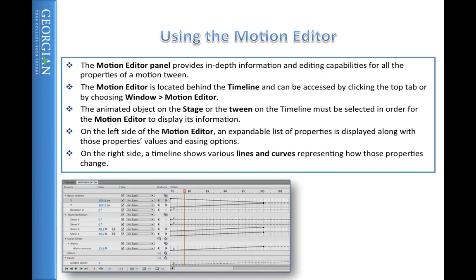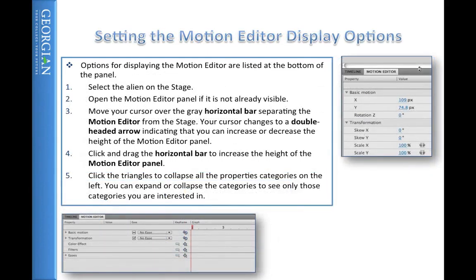So the motion editor that we're going to practice now is really powerful. Like I said, you can add in things like easing and other special effects to your animation. It defines your motion with lines and curves and everything else.